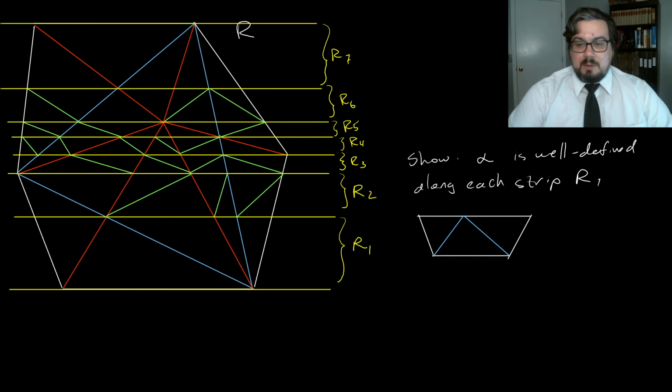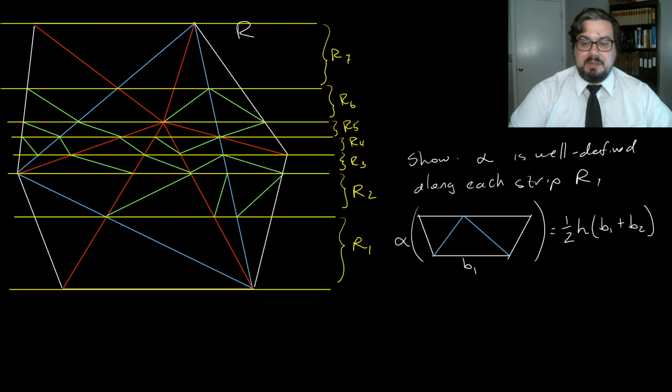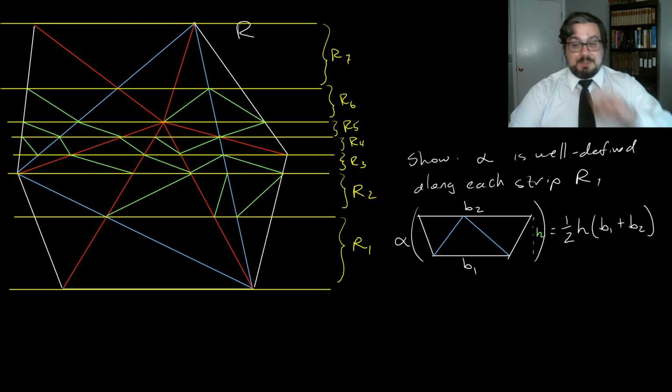And basically what we do is we show in this special case, for this special kind of triangularization, that the area of this triangularization is equal to actually the formula that we had before. 1/2 times the height times B1 plus B2, where B1 and B2 are the lengths of the top and bottom, and H is the height of the trapezoid.